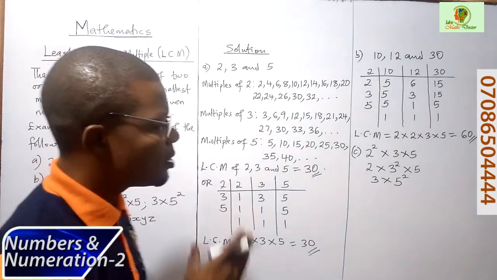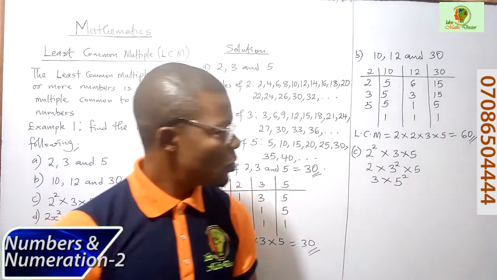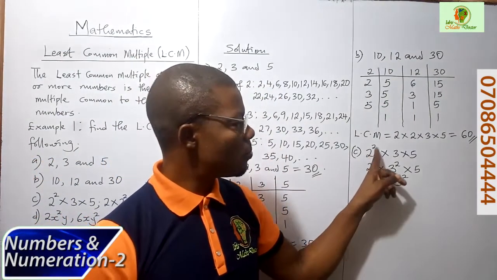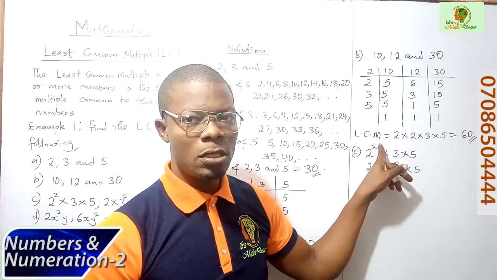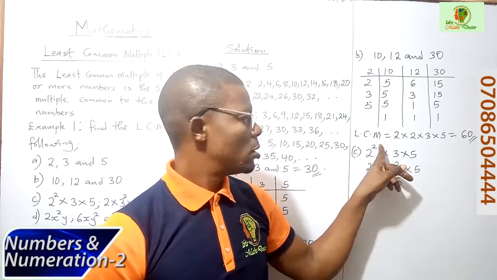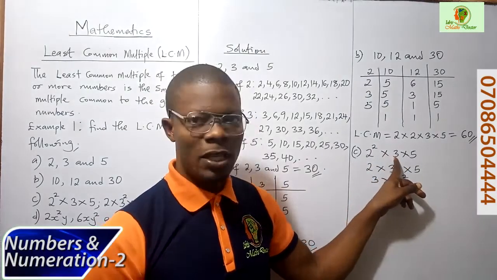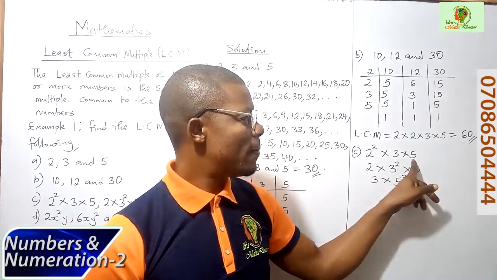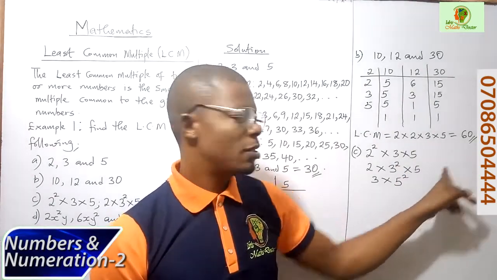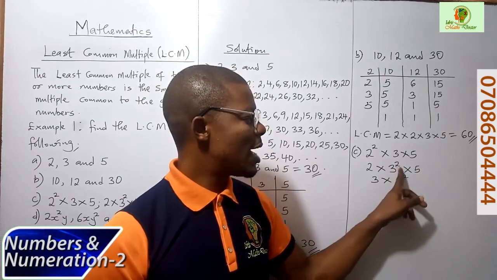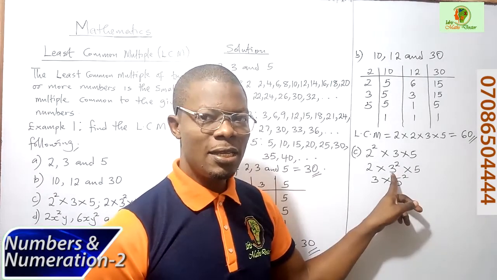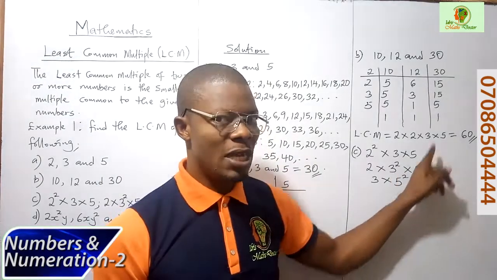How do we solve this type? Instead of changing this, 2 raised to the power 2 is 4, because it implies 2 times 2. Then 4 multiplied by 3 will give 12. 12 multiplied by 5 will give us 60. 2 times 9, because it is 9, gives us 18. 18 multiplied by 5 will give us 90.